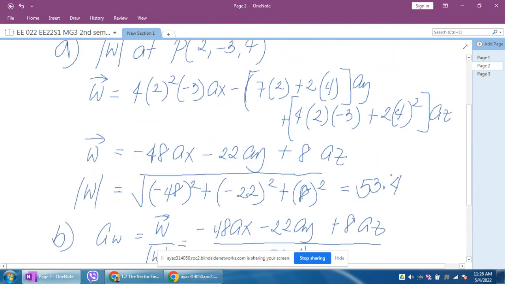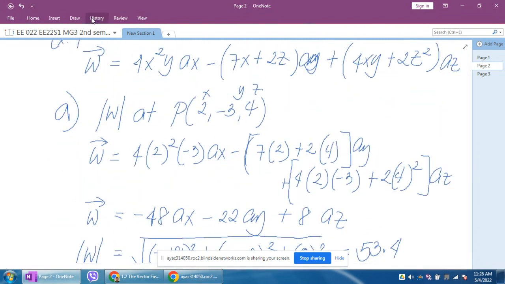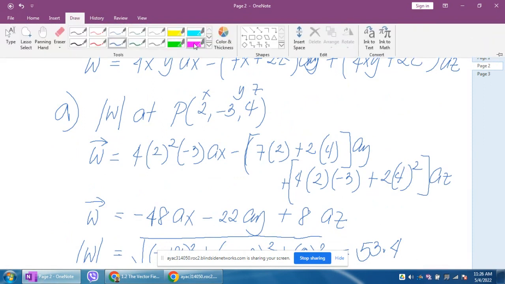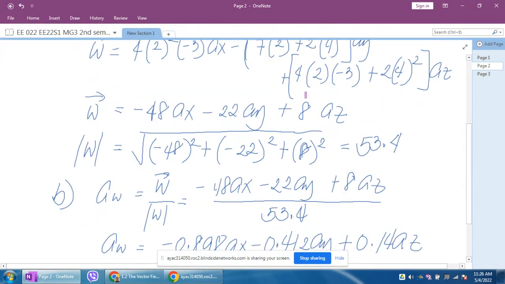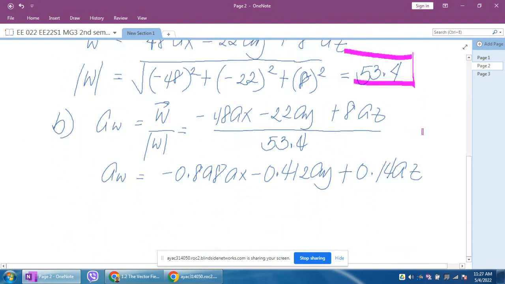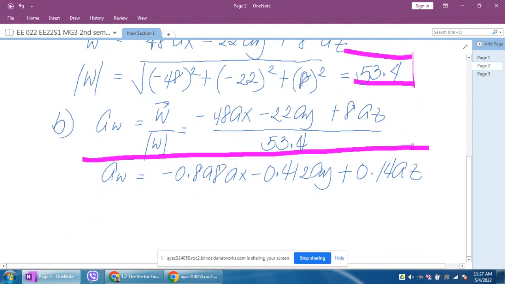So, ito na po yung sagot natin for letter A and letter D. Igitin ko po muna yung letter C. So, this is letter A and this is letter B.